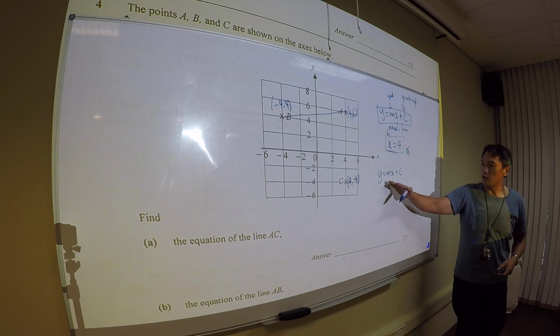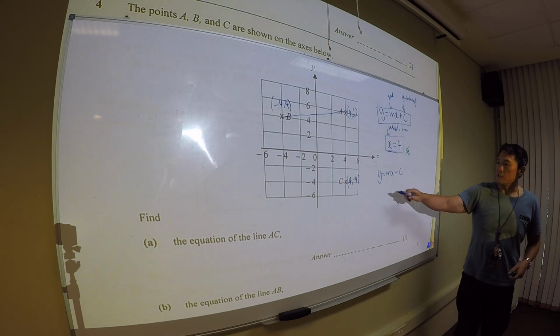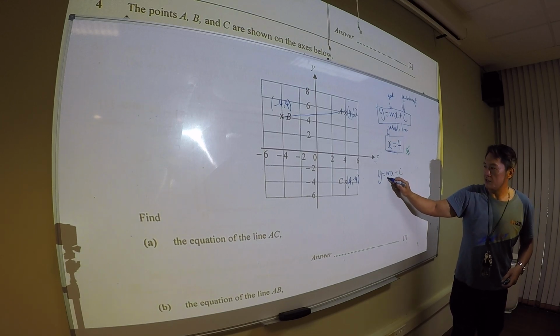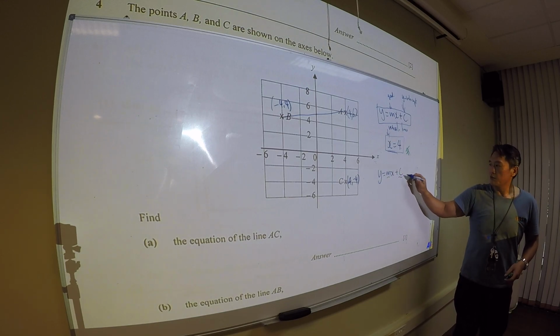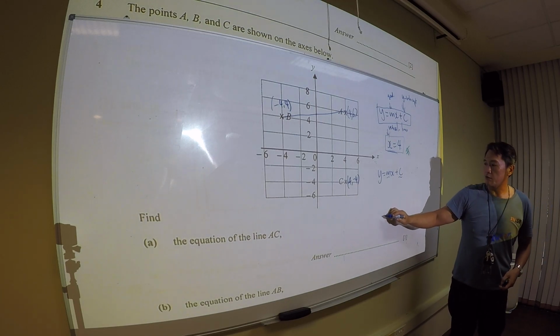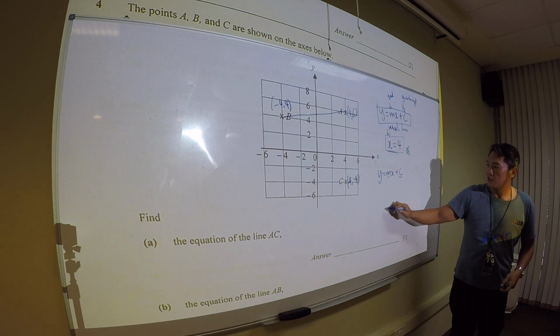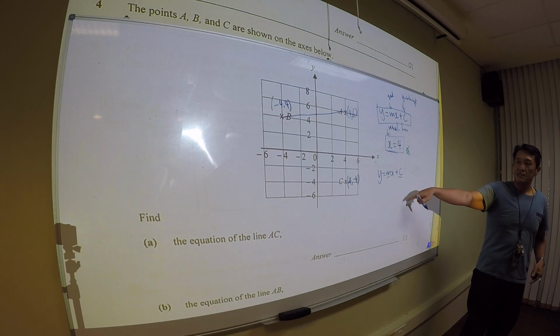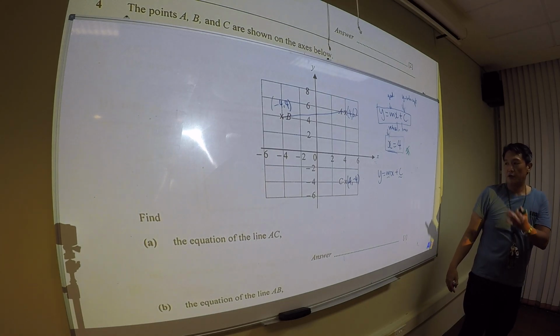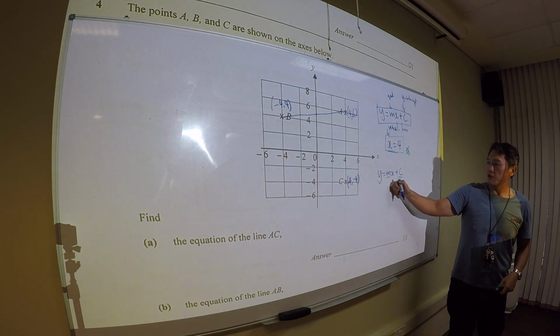Then what we need to know is this is general. We want to put in what is the gradient, and what is the y-intercept. Then your equation will be left with no more m, no more c. Then that will be the equation that they want. So how do we find the gradient?